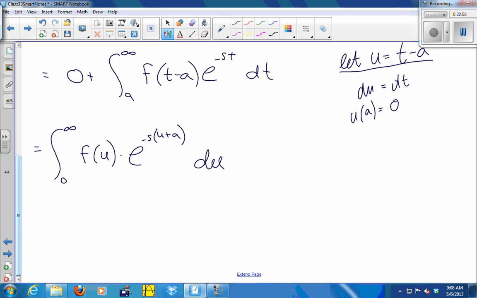All right, when you distribute this negative s to your u plus a, you end up with e to the negative su minus sa. I'll write it all out. Integral from 0 to infinity, f of u times e to the negative su minus sa.